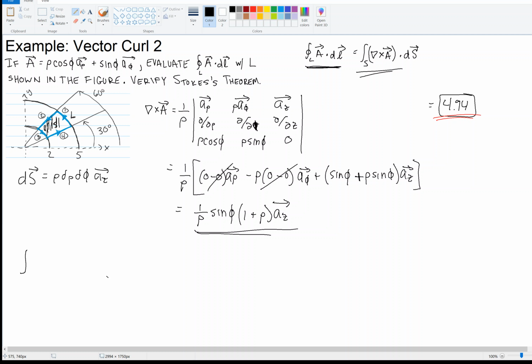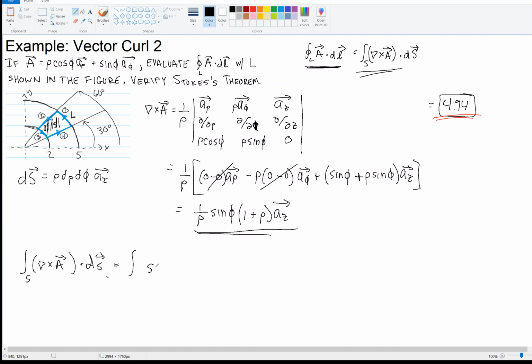Okay, so now when we dot that with our curl, let's be clear here. We're evaluating now the surface integral of the curl of A dot ds. Okay, this is what we're doing now. And so when we dot this vector, which is the curl, with this surface, they're parallel. Az dotted with az is 1. So what I've got here is 1 over rho times rho, so that cancels, that's nice.